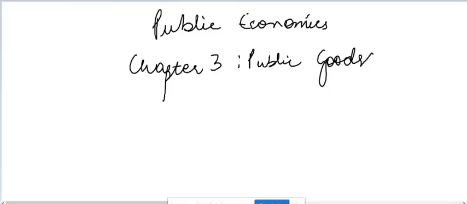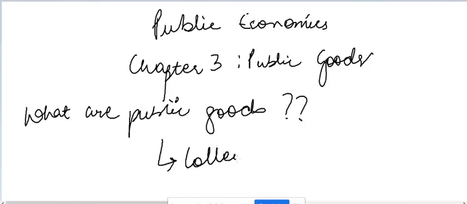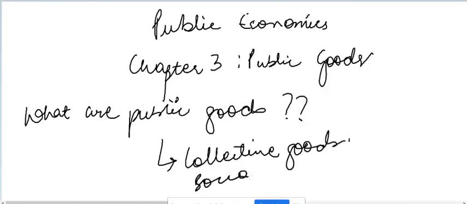Let's start with understanding what public goods are. Public goods are sometimes also known as collective goods, and you'll shortly understand why. They're also called social goods.